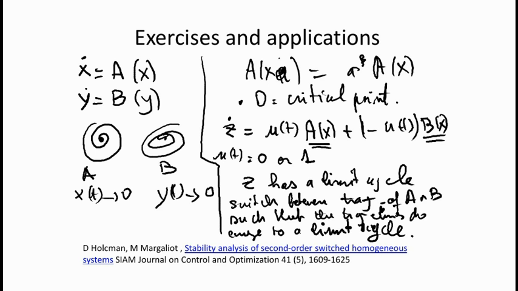All right, so of course, if A equals B, this is not possible. So in some sense, you need A and B to be sufficiently different for this.